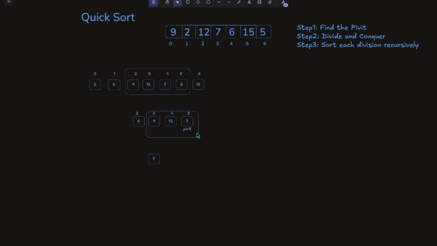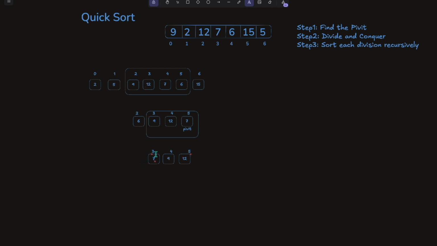There is no item which is lesser than 7 and all the elements are greater than 7 actually. We will just put it at its right position, which is on the right side. So now we know this is the actual position of the pivot. Now quickly we will write the index value here.